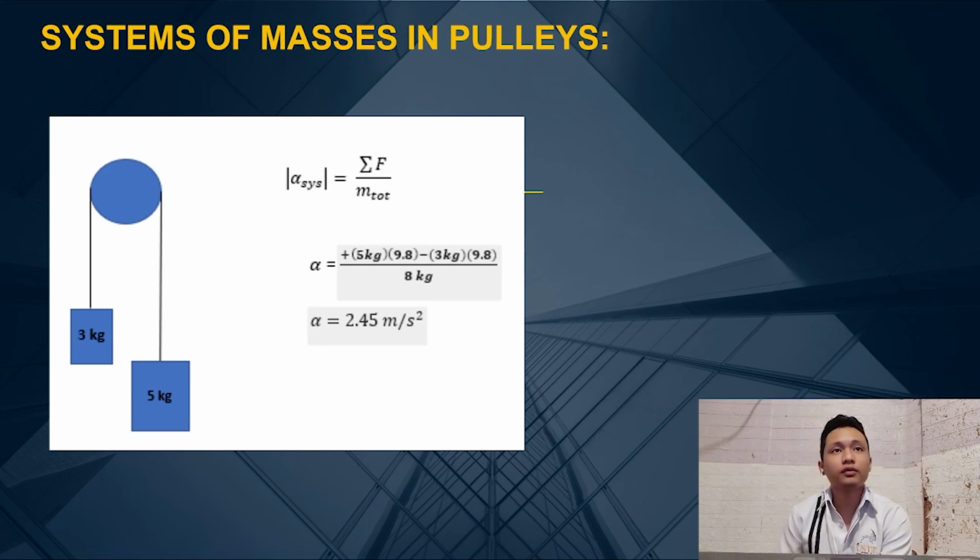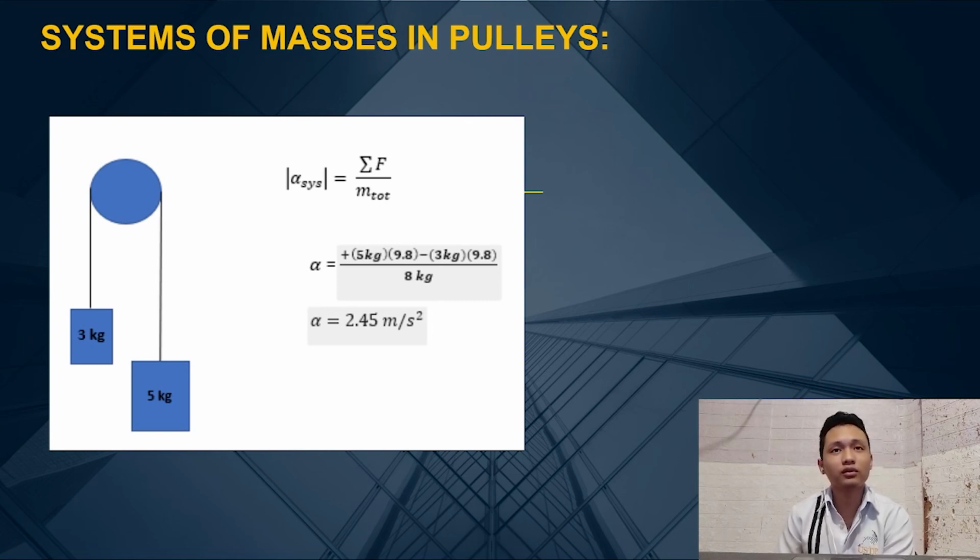So the next formula is the system of masses in pulleys. It is just a basic formula that shows the acceleration of a system with masses in pulleys. Its absolute value is equal to the summation of force divided by the total mass.